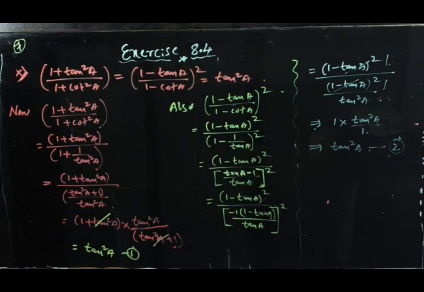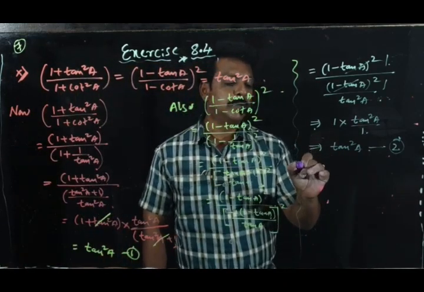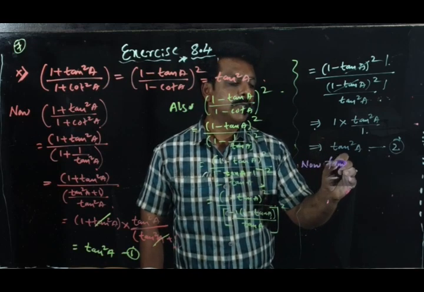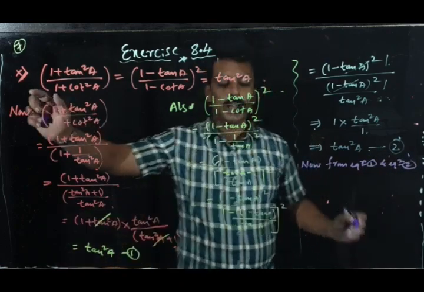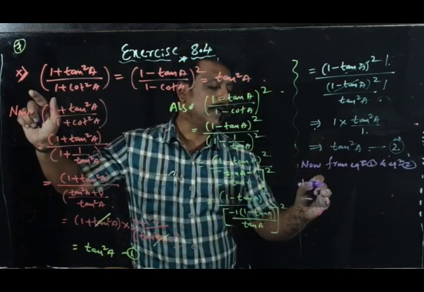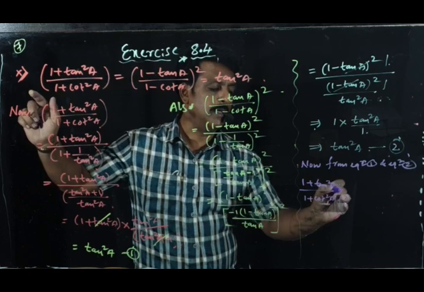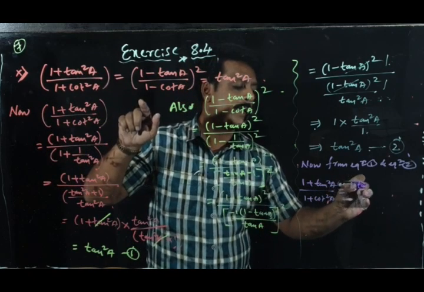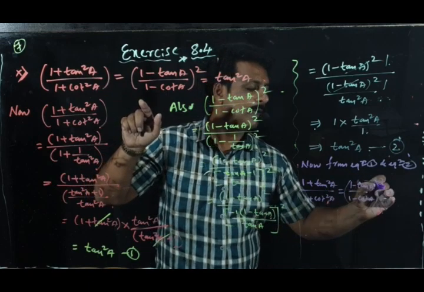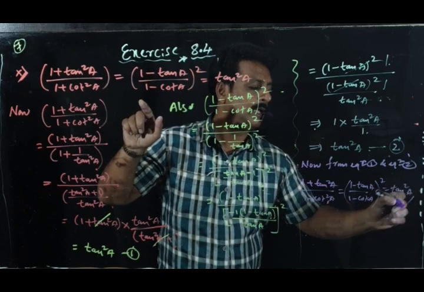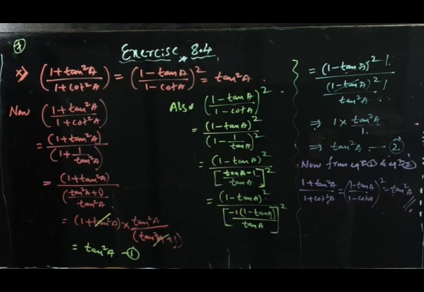In the first equation also we got tan square A. The second equation also we got tan square A. Now I am going to write from equation 1 and equation 2: we can say that (1 plus tan square A) divided by (1 plus cot square A) is equal to ((1 minus tan A) divided by (1 minus cot A)) whole square, which is equal to tan square A. Right? This is the end of the exercise.